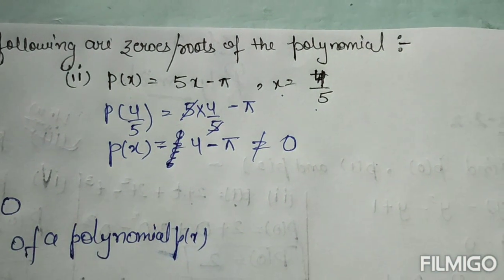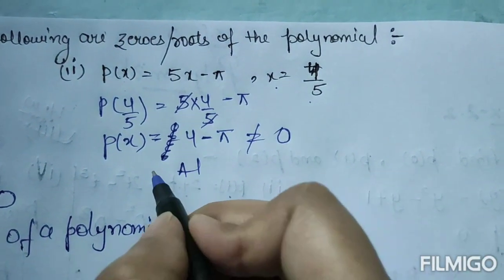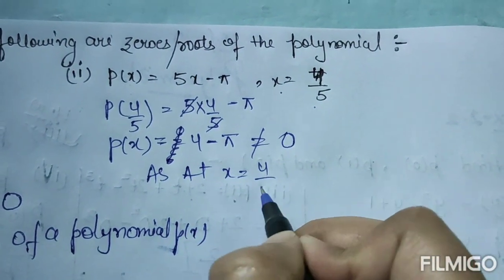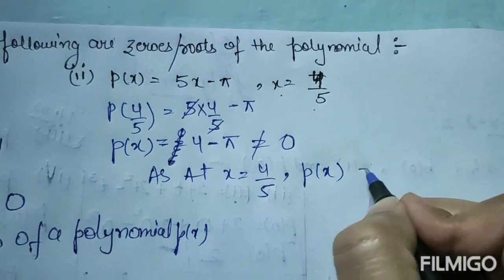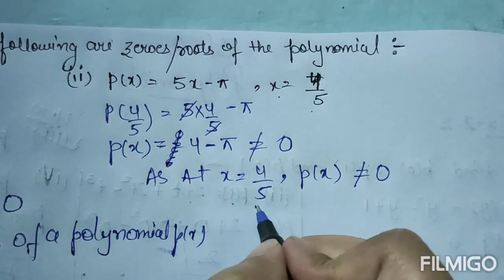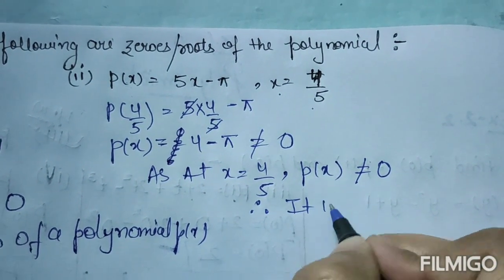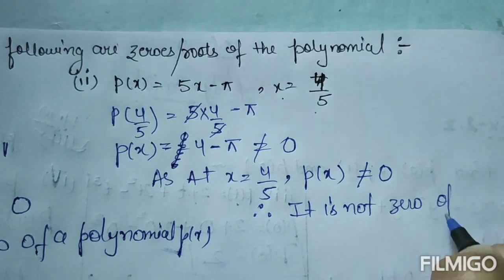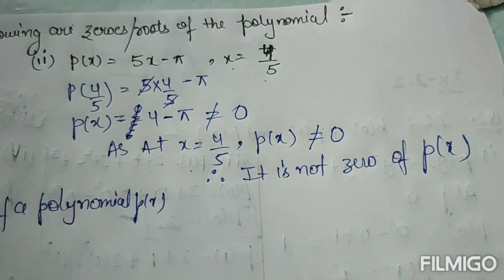This is not equal to 0, as at x equal to 4 by 5, p(x) is not equal to 0. Therefore, it is not a zero of polynomial p(x). Clear?